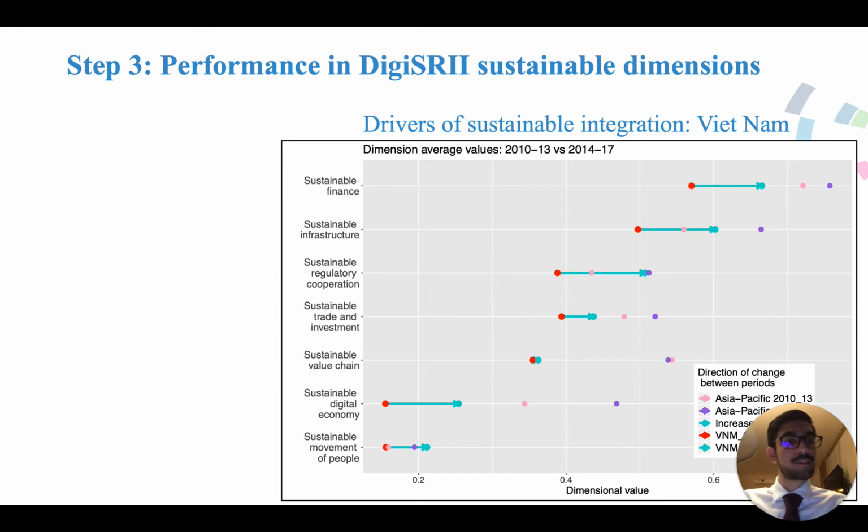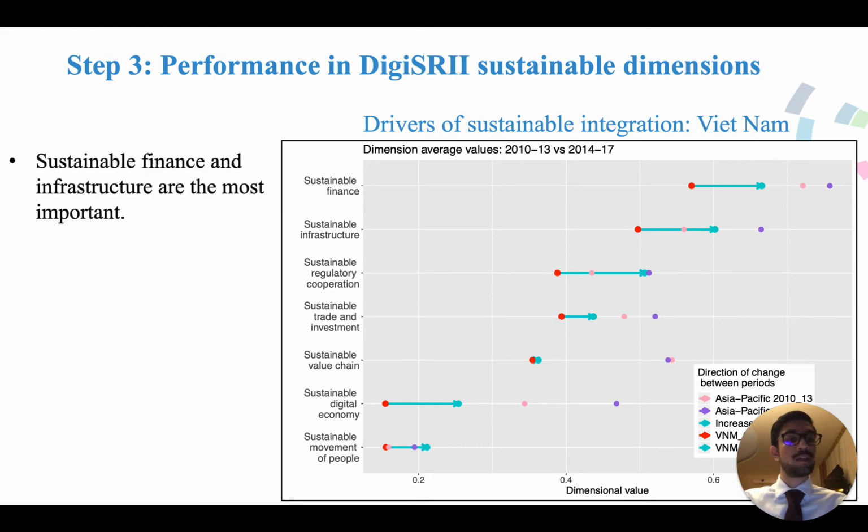This implies that sustainable financial as well as infrastructure integration with regional economies have been the major contributors towards Vietnam's overall level of sustainable regional integration. However, Vietnam does considerably worse than the Asia-Pacific average in sustainable value chain integration, placing it as one of the bottom performers in the region for this dimension.